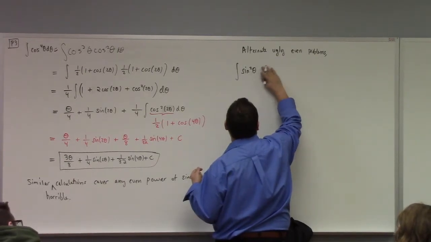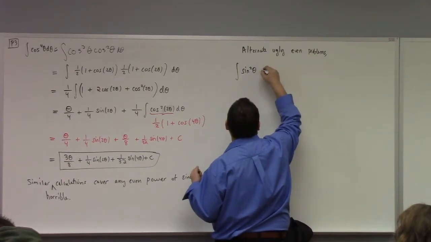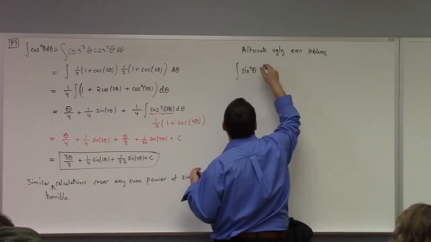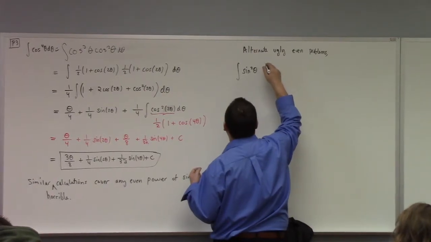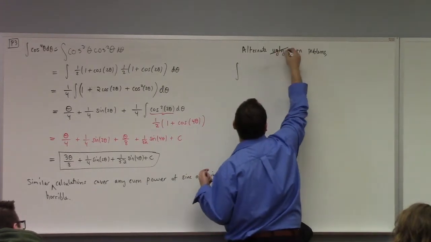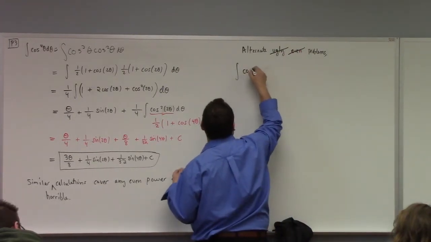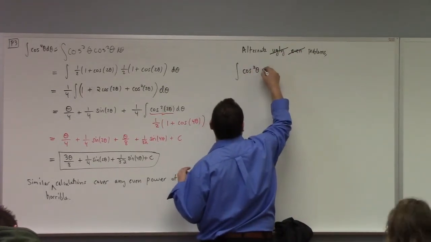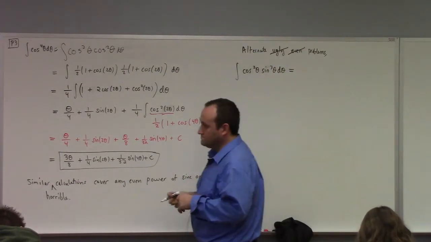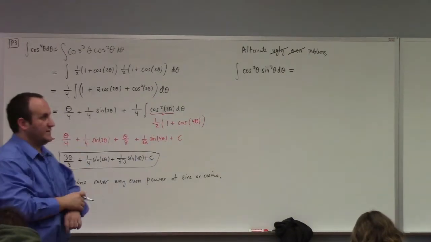You could do something like sine squared theta, oh goodness, I have no creative spark here at the moment. Well, it could be easier. Actually, let's do something easier. What if you had the integral of cosine squared theta sine cubed theta d theta? What would you do there? How would you deal with that?